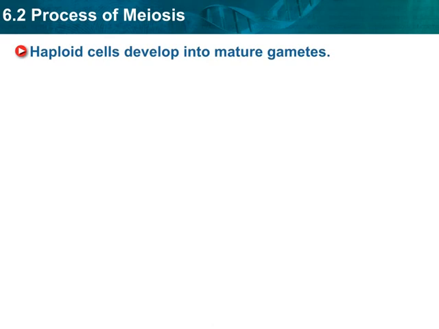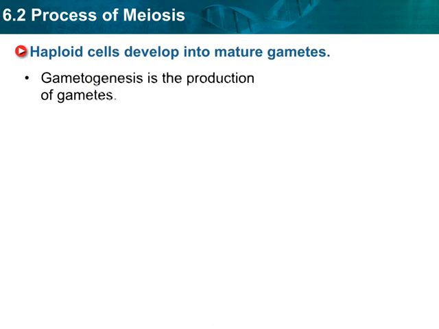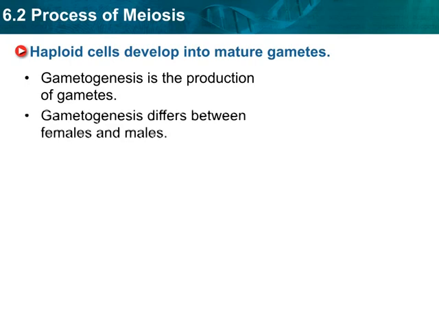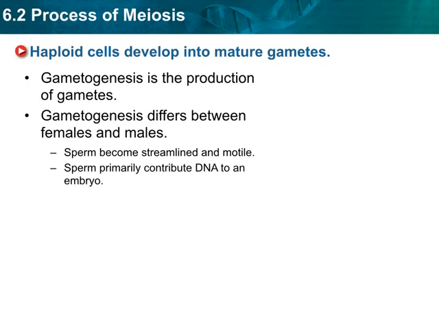Haploid cells develop into mature gametes. Gametogenesis is production of gametes. Gametes differ between male and female. Sperm becomes streamlined and motile, which means movable. Sperm primarily contributes DNA to an embryo.